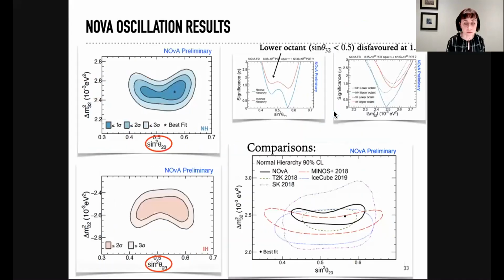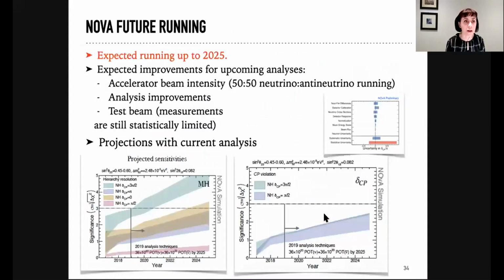You can see that one goes in one direction, and the other one is more, this is T2K, that is, no, sorry, minus, but T2K is more around the value. So there are some differences that the experiments try to address.